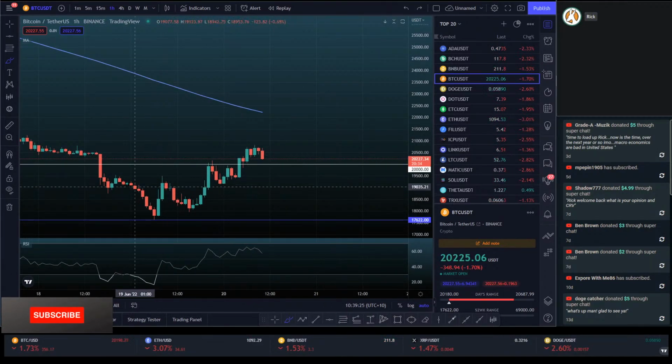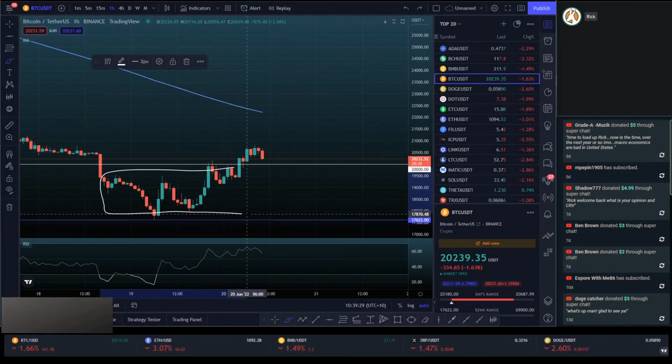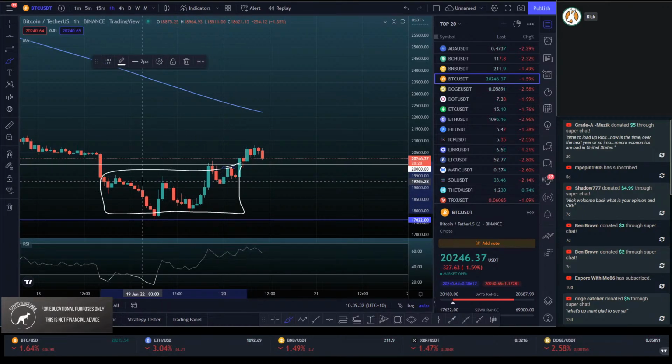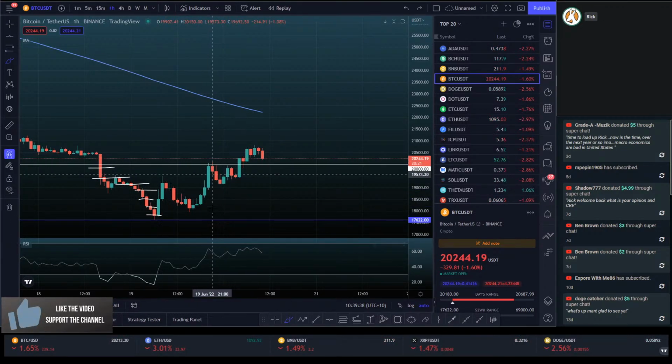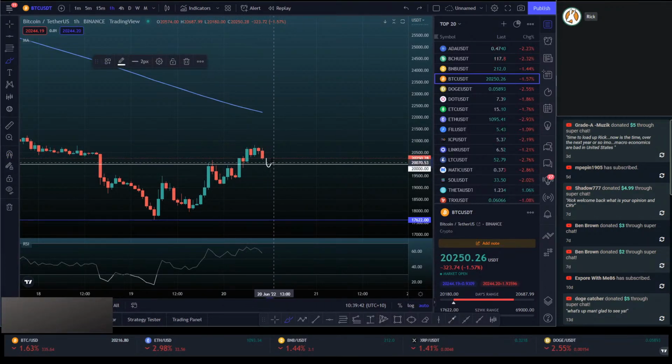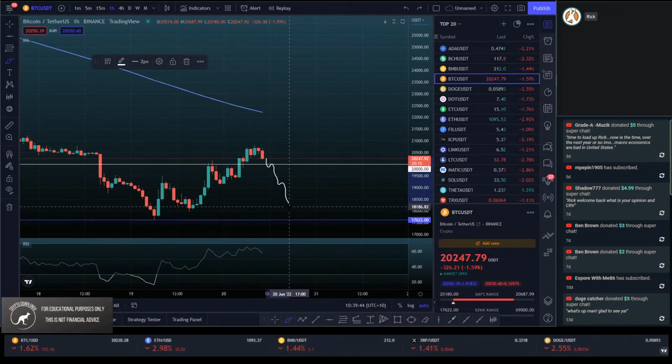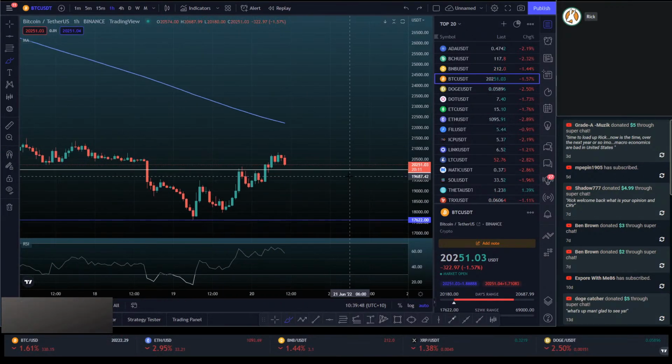So there should be some more opportunities to get into this range for accumulating. If you missed these awesome levels as it came down, then you might get that opportunity again as it moves down again. That's what I think is going to happen, but I could be wrong.